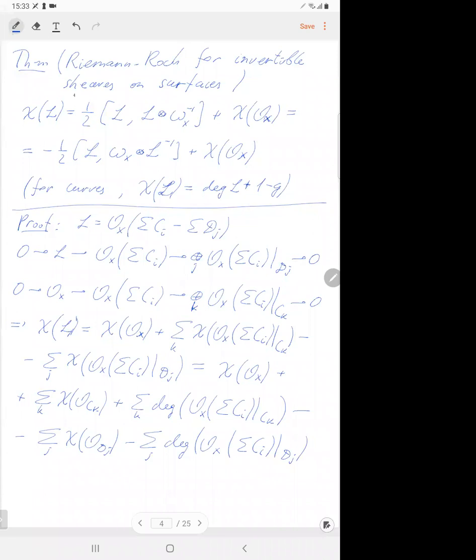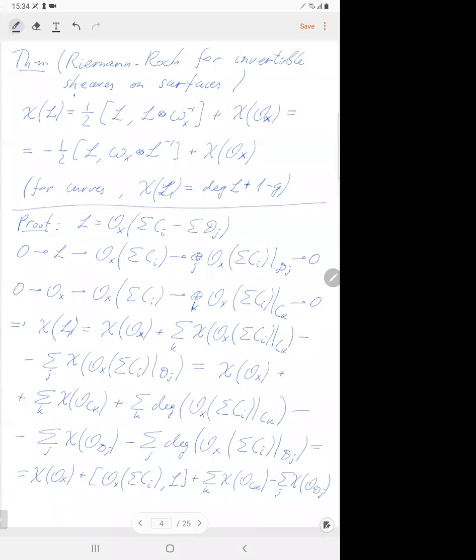Okay, and finally, this is equal to the Euler characteristic of OX plus the pairing of OX twisted by Ci's with L, plus the sum over k of characteristics of the curves Ck minus the sum over j of characteristics of Dj.